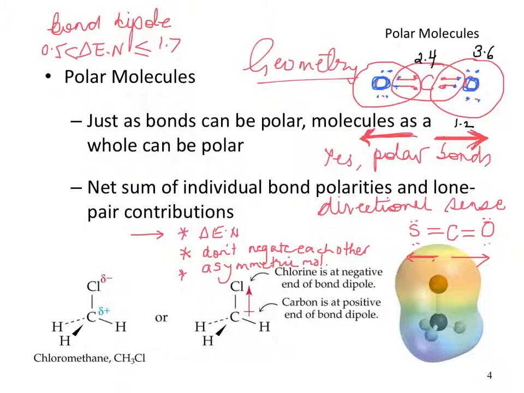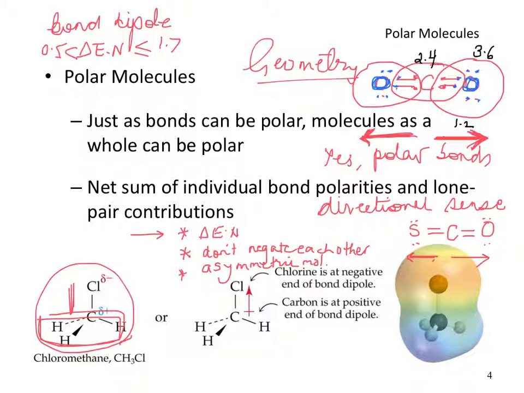And so one can say that the net sum of the individual bond polarities, because they have a sense of direction, they are vectors after all, is what decides whether the molecules themselves are polar or not. Over here, I have an example that we discussed earlier as well. The bottom part of the molecule is pretty greasy because all you have is CH molecules.